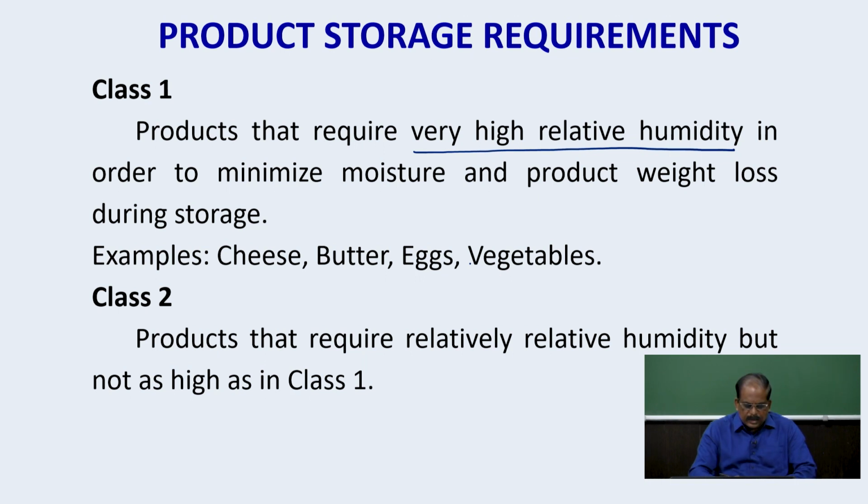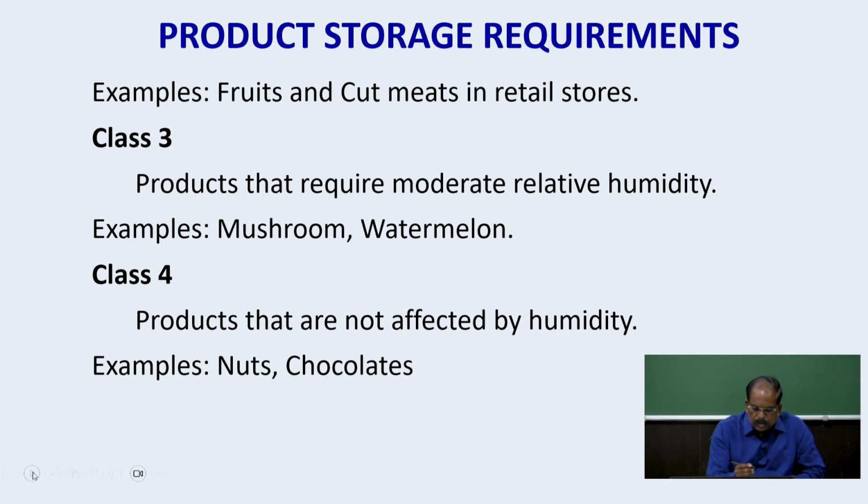And under class 2, products require somewhat a moderate level of humidity, but not as very high humidity which is required for class 1 commodities. So the examples under this category, class 2, are fruits and cut meats in retail stores.